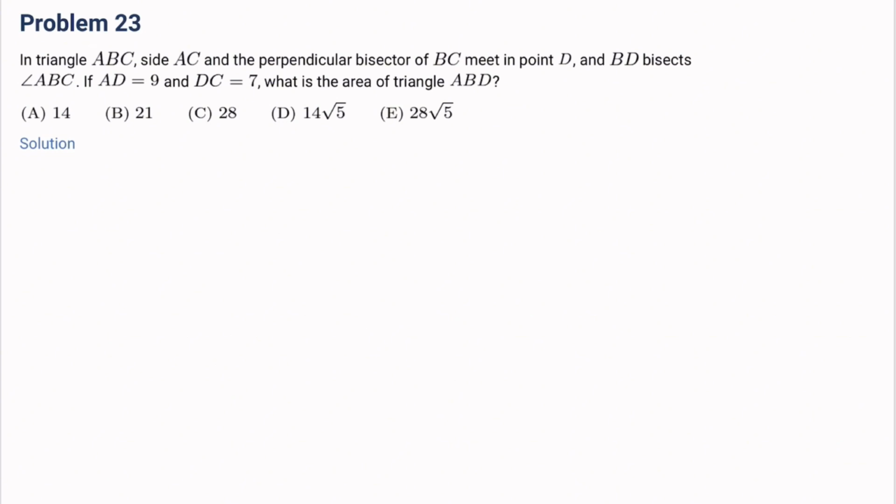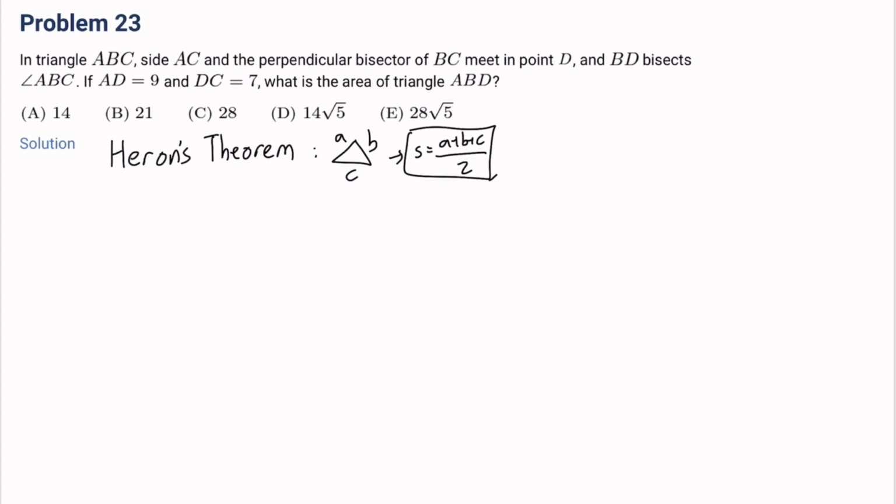Okay, so first we need to know what Heron's theorem is, because we are going to use it to solve this problem. It says that if we have any triangle with side lengths A, B, and C, then we can get the area by setting S equal to A plus B plus C over 2.